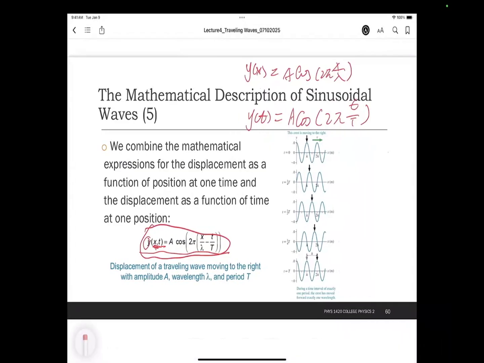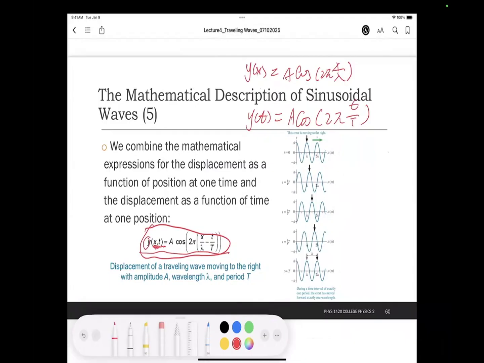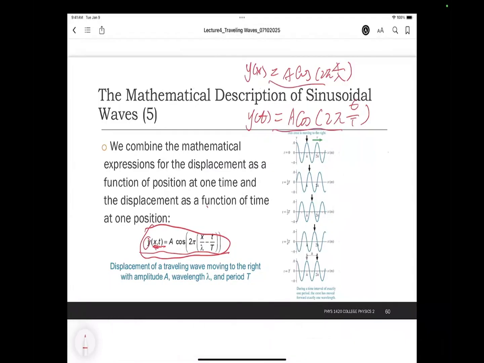Those two equations are ones we have already talked about, and we want to combine them together. Actually, we can write this equation like this: y(x, 0), which means when the time has not passed, is A cosine 2 pi x over lambda.